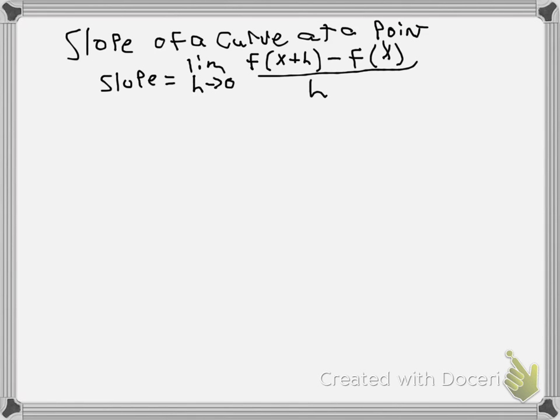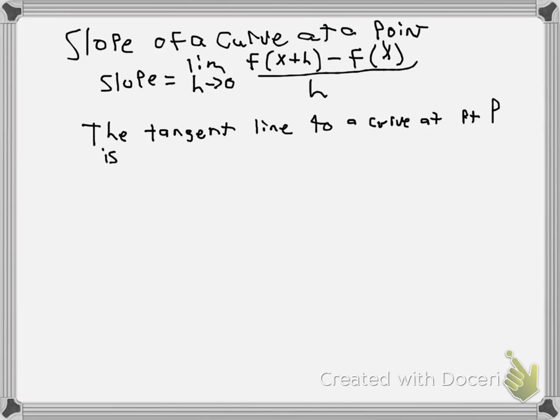We also inform you that the tangent line to a curve at a point we'll call P is the line through point P with this given slope.